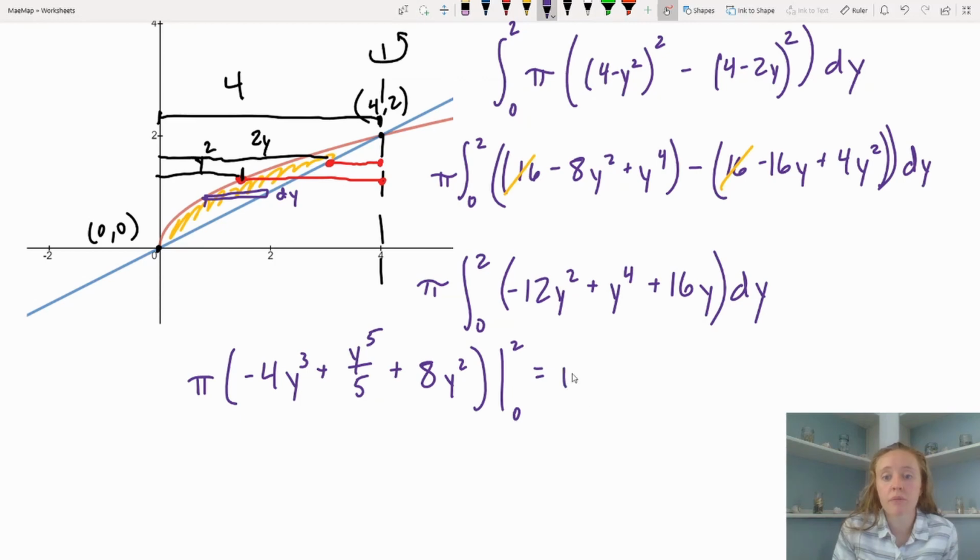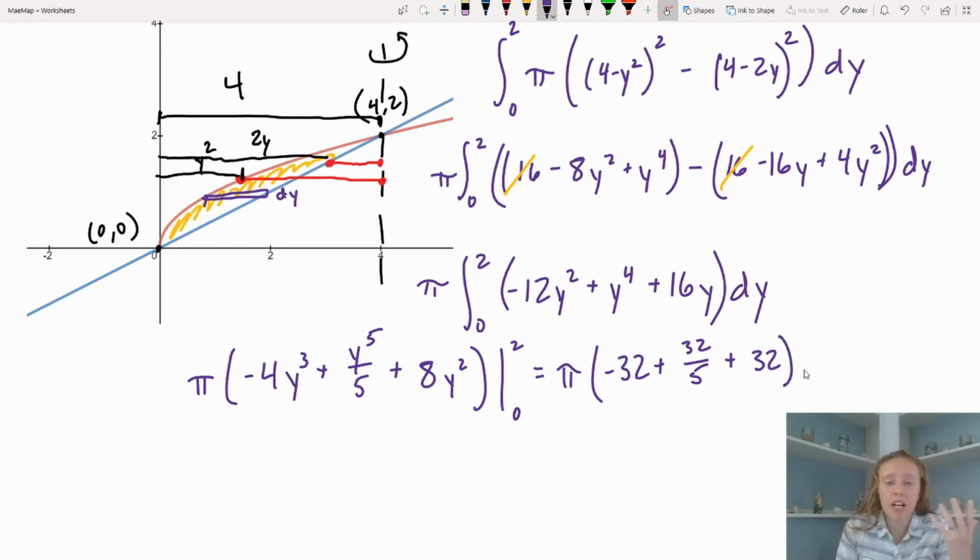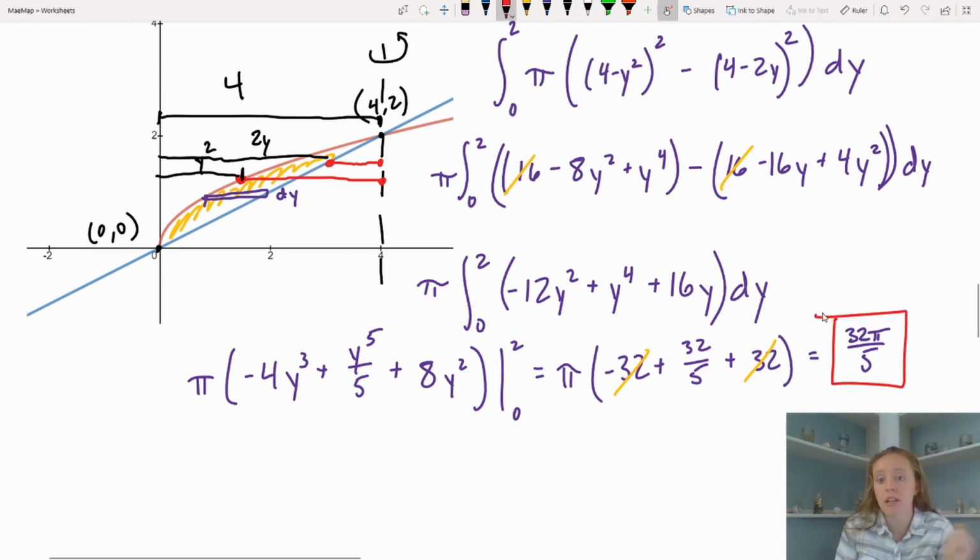So when I plug in 2, I'll get pi times 2 to the 3rd is 8, 4 times 8 is 32, so that'll be negative 32, plus y to the 5th is going to be 32 over 5, so 2 to the 5th over 5, plus 8 times 4 is going to be a positive 32. And I'm subtracting, plugging in 0, so I don't even need to worry about plugging that in. Negative 32 cancels out with 32, so my final solution is going to be 32 pi over 5 as my volume for practice problem number 4.